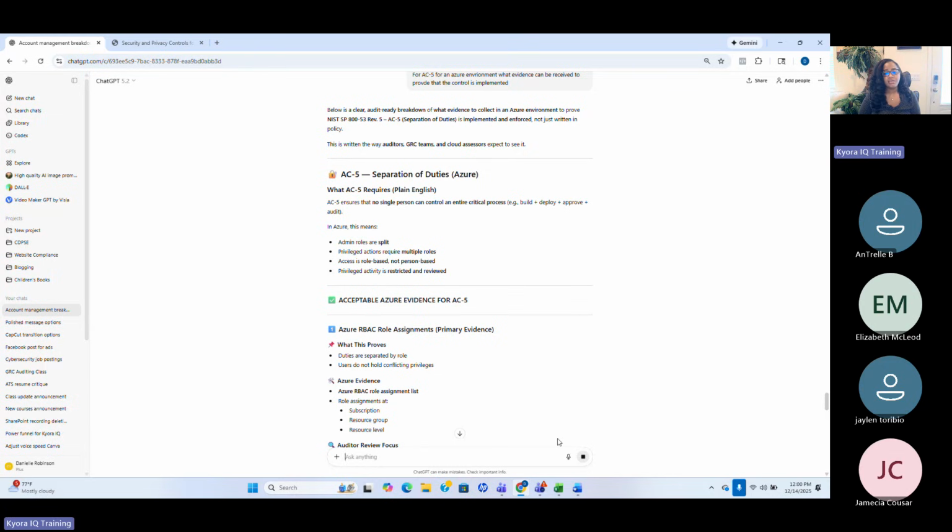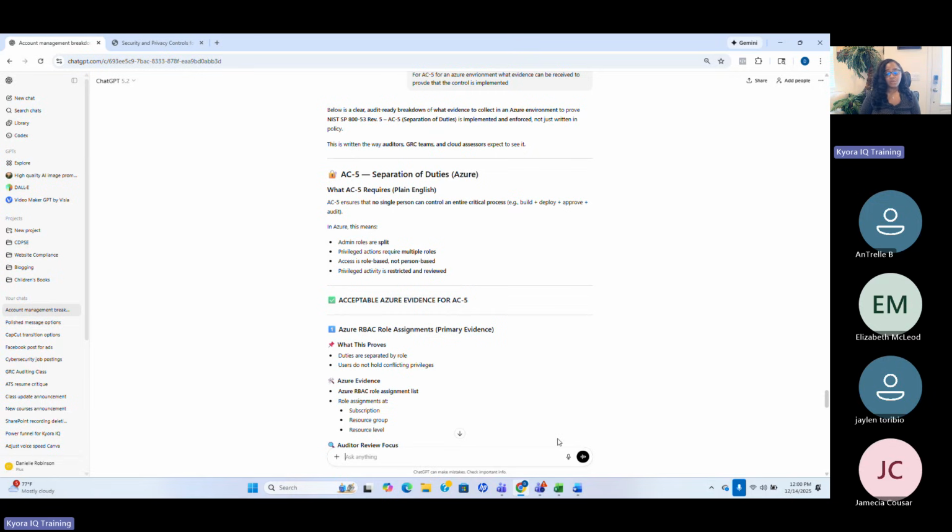But in this case, for Azure, this means that admin roles are split. Privileged access requires multiple roles. Access is role-based, not person-based. And privileged activity is restricted and reviewed. So when we say role-based, that means that let's say Nina is a security engineer and she's with the engineering department.